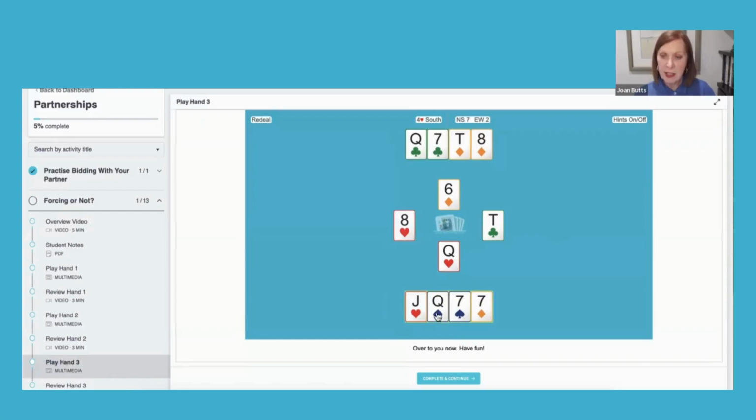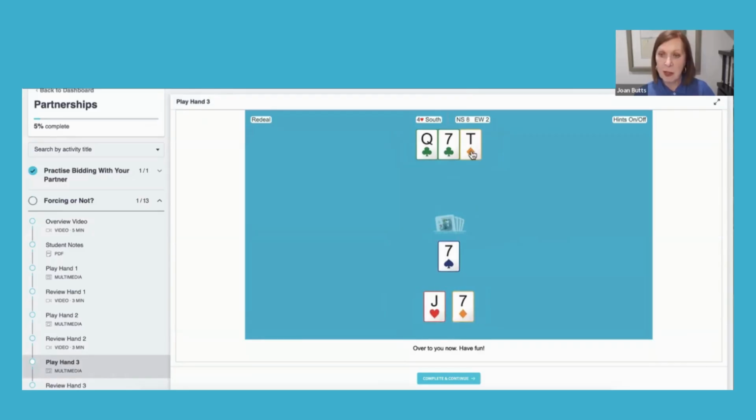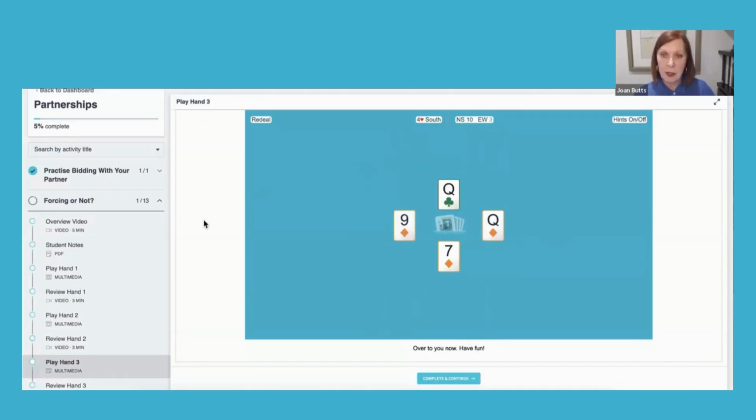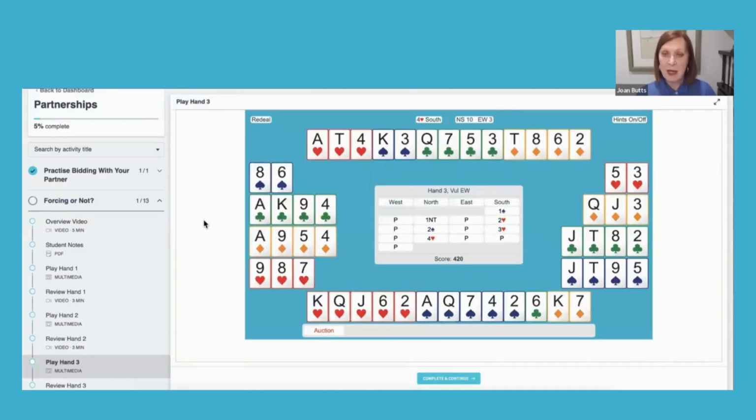And that has, so now the queen of spades will drop the jack. And now the 7 of spades is a winner because we set up that first suit. Now we'd play the jack of hearts and expect to lose the last trick. But we made game in hearts.